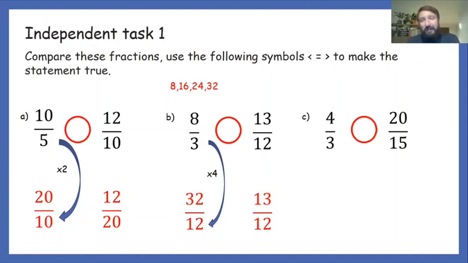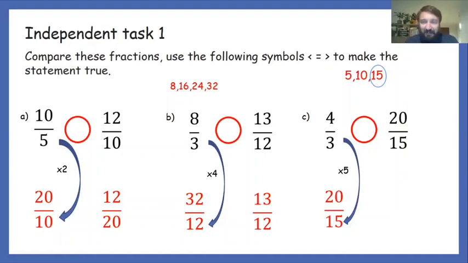And then finally down here, again, nice and straightforward really. We've got 20 over 15 and 4 over 3. The common denominator is straightforward there, that goes into 15, doesn't it? So 3 multiplied by 5 will give us 15, which would then give us 4 times 5, which would give us 20.